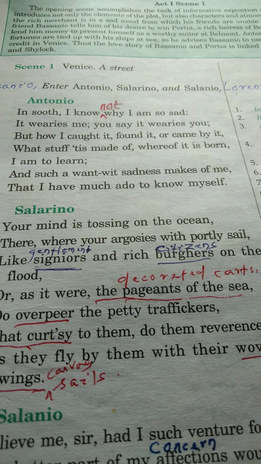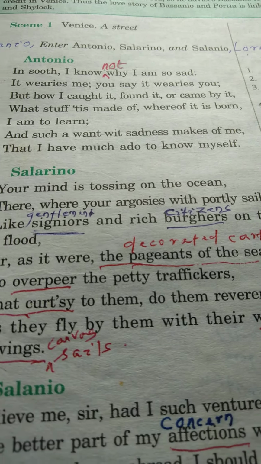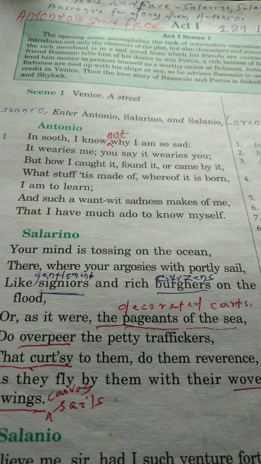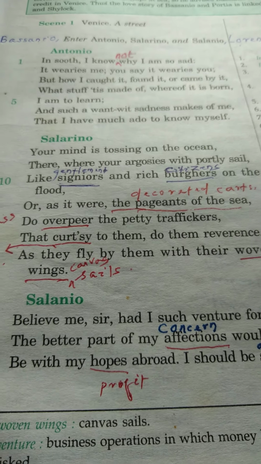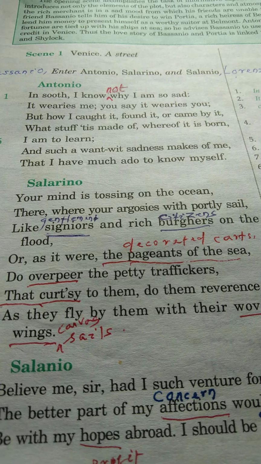Similarly, Antonio's ships were as gorgeous and decorative as those carts that used to carry gentlefolk.